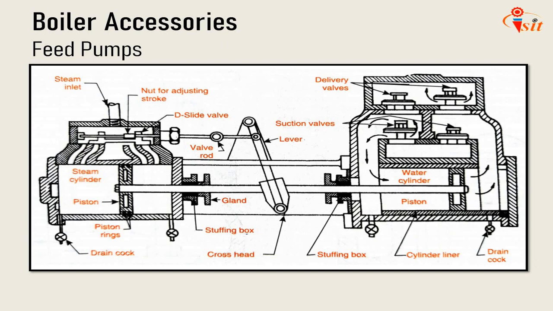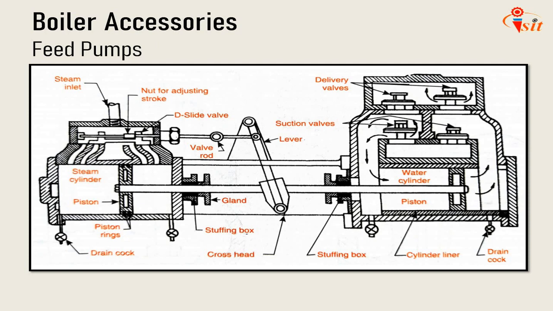The feed pump is a pump which is used to deliver feed water to the boiler. It is desirable that the quantity of water supplied should be at least equal to that evaporated and supplied to the engine. Two types of pumps which are commonly used as feed pumps are reciprocating pump and rotary pump.